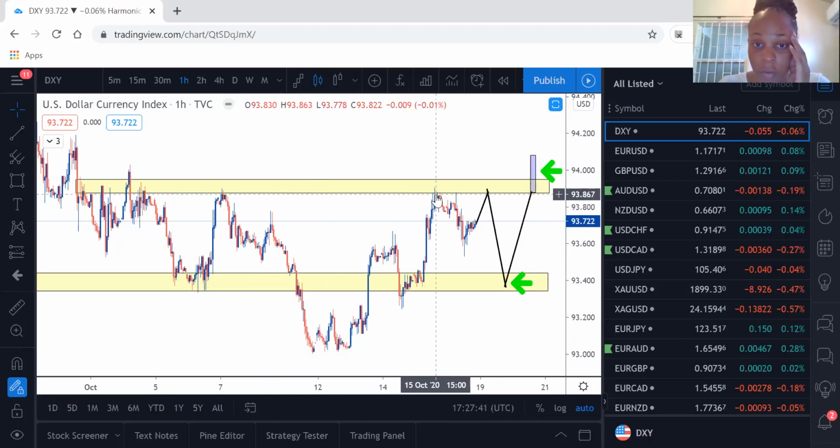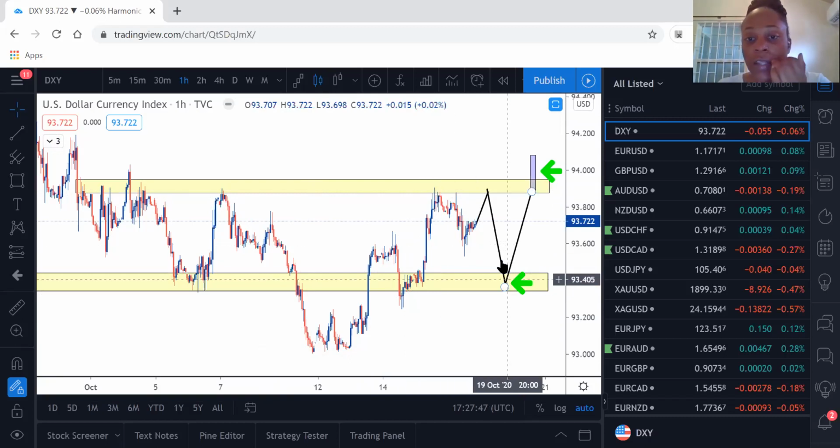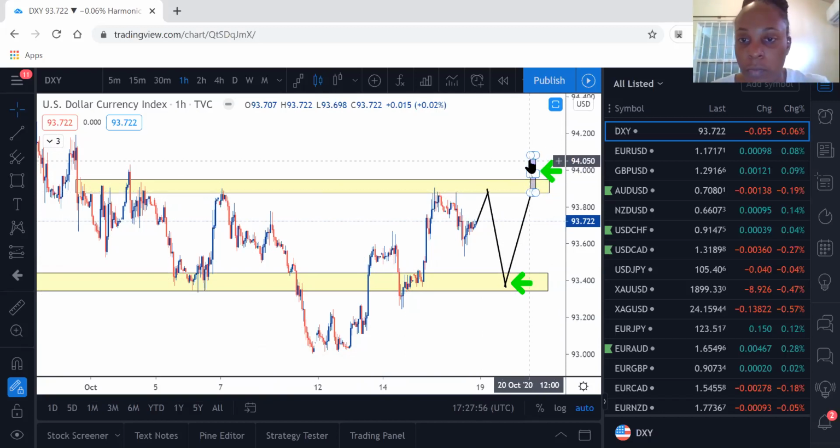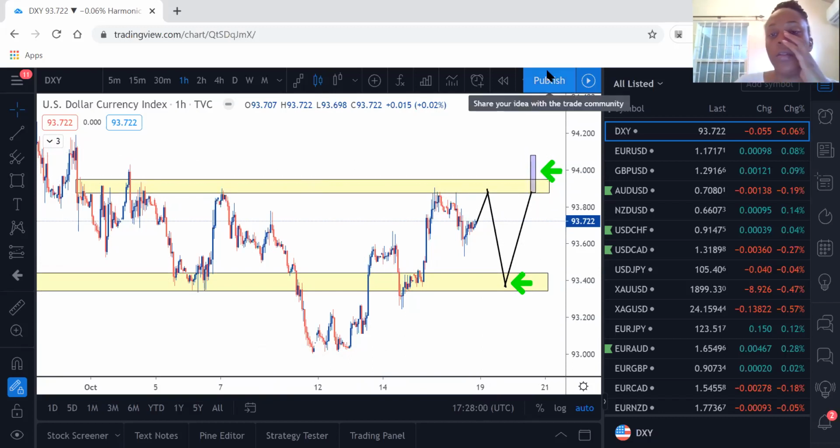So my head needs to come all the way back up to here, right? And then I could either look to trade the right shoulder when it comes down here and trade it back up to the neckline, or I can wait for a solid body breakout candle from my neckline and trade the trend up.